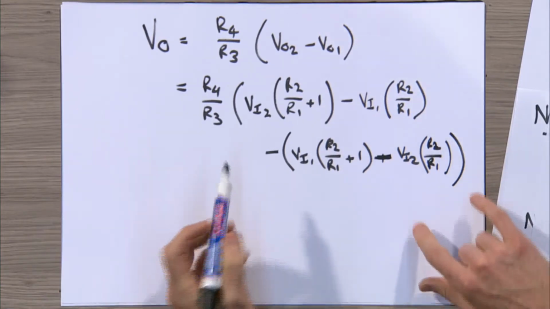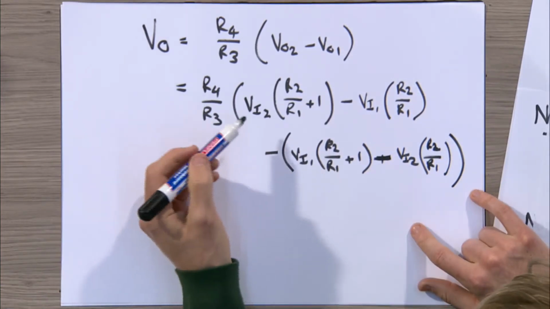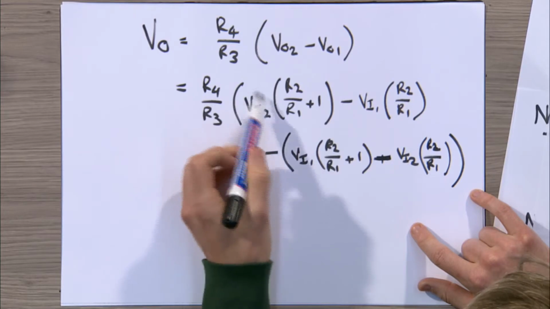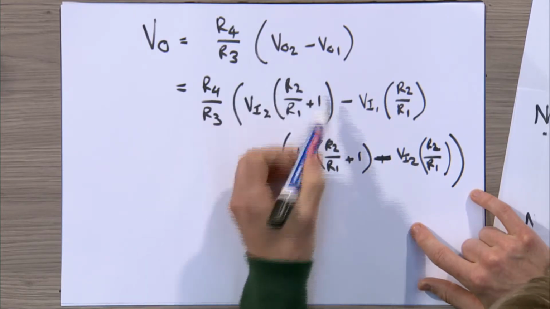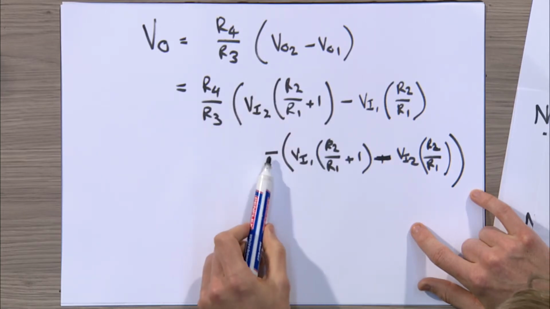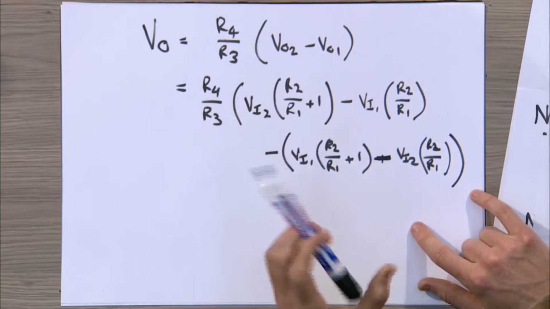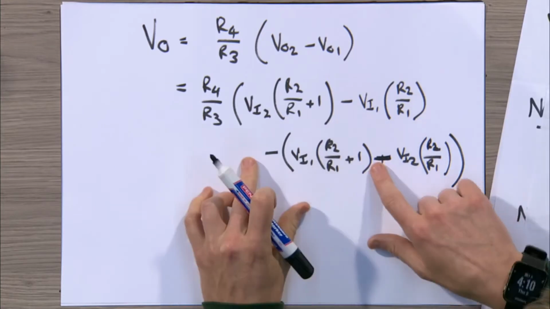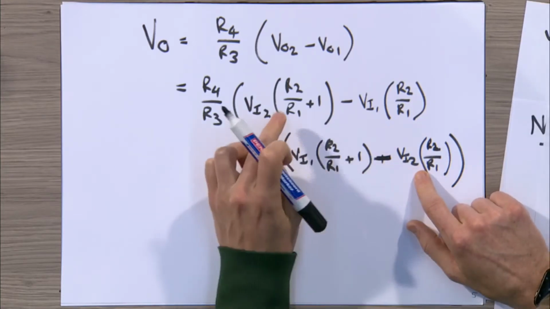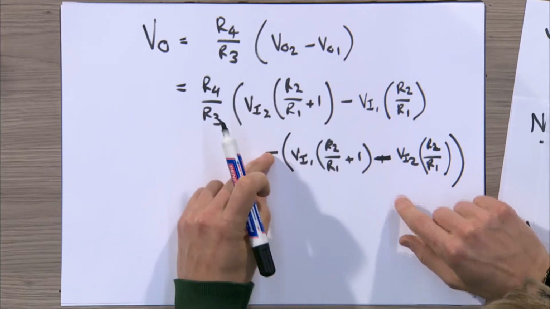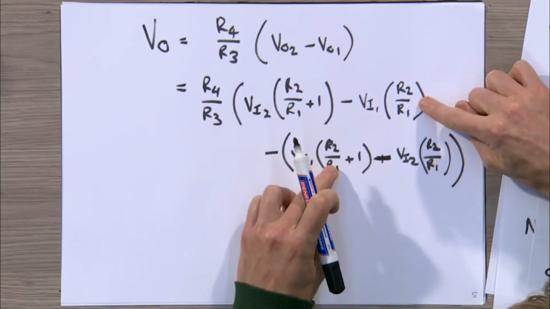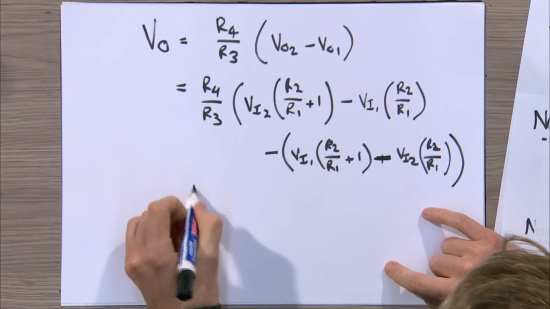You can see that with some term multiplied by Vi2, this minus multiplied by that minus becomes a plus. So this term will add to that term. Also, this minus and that minus, those two terms will add together.